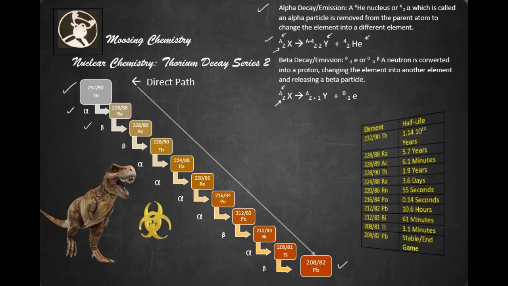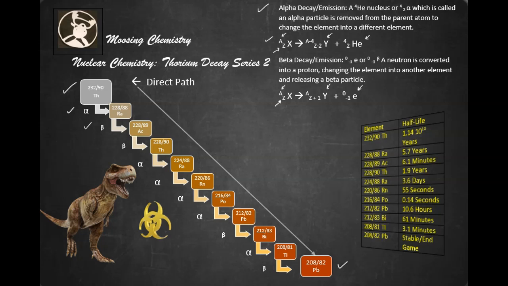In this case, AZX is going to yield A over Z plus 1. So we're adding a proton, but we're not bringing one in. We're changing one of the neutrons that are already in that particular element into a proton. And it's going to make our new element and, of course, release our beta particle, which is this right here.